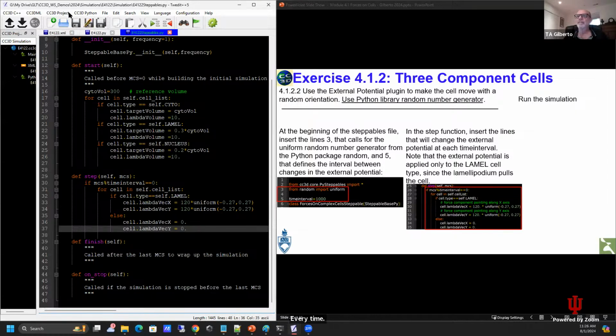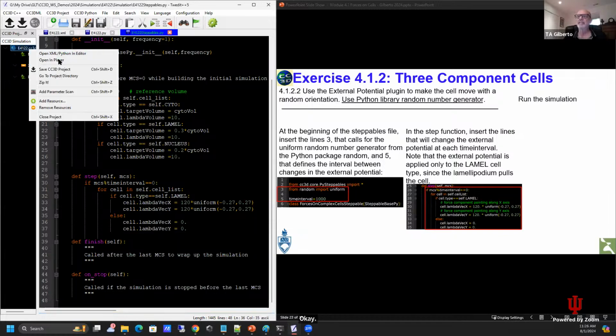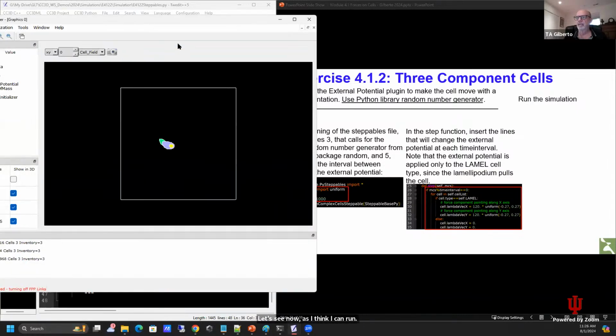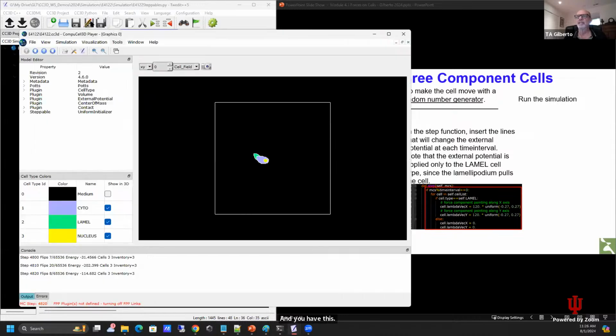Let's see. Now I think I can run. And you have just, again, when you mess here with the player in the Zoom window, I have to start it up.